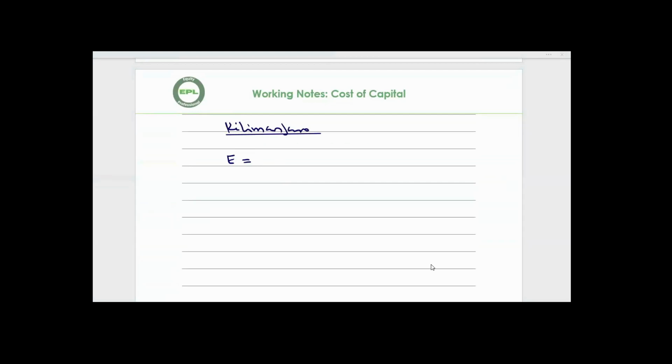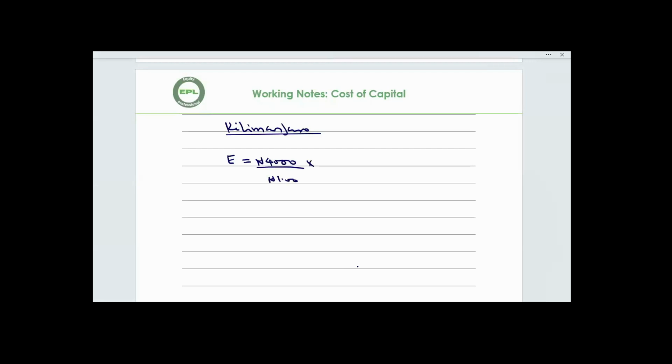According to the question, the share capital is 4,000. Thank you. 4,000 is share capital of Kilimanjaro. Then the nominal price of Kilimanjaro ordinary shares is 1 naira.